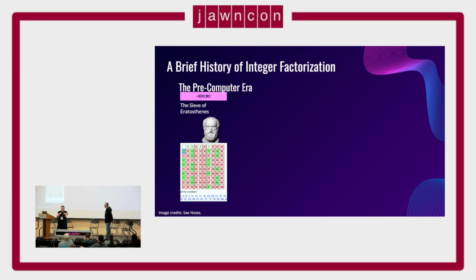Does anybody know what else Eratosthenes did? Eratosthenes was the first person to accurately measure the circumference of the Earth. Yep, and I'm sure somebody before Eratosthenes was like, it's greater than 5, but we don't count that.